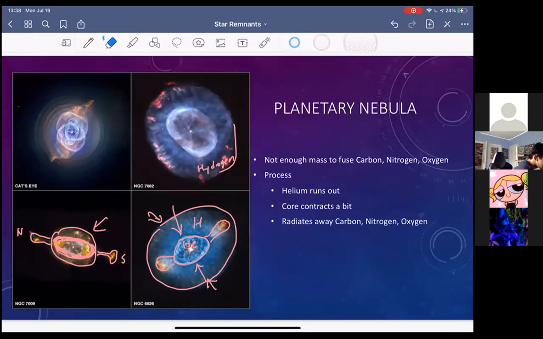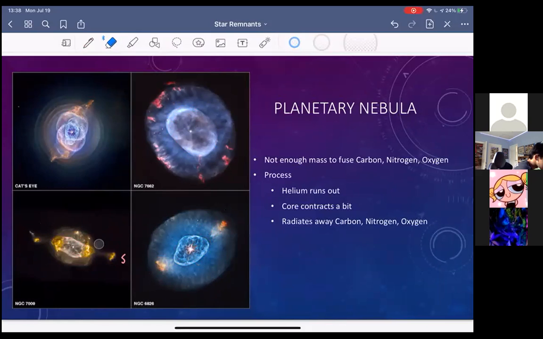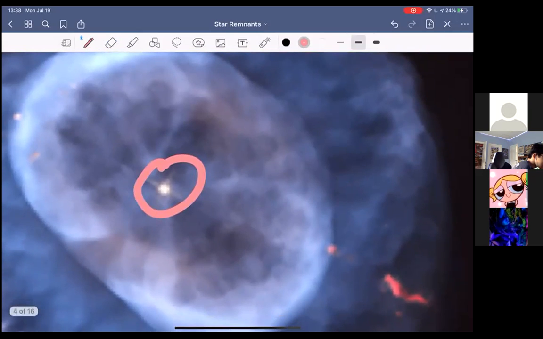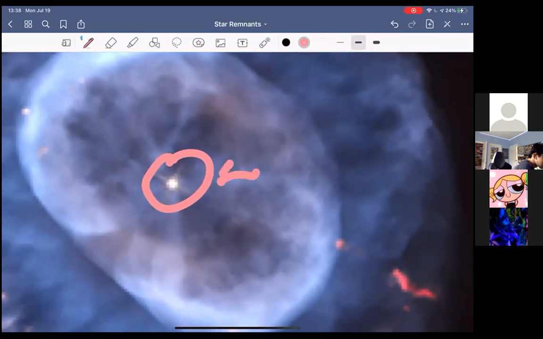Now, what about what's inside these nebulas? If we look at the very center, you see a little bright dot, right? That is the core of the star. That's the core where all the deposit material that it couldn't burn, for example, carbon, nitrogen, neon, right?